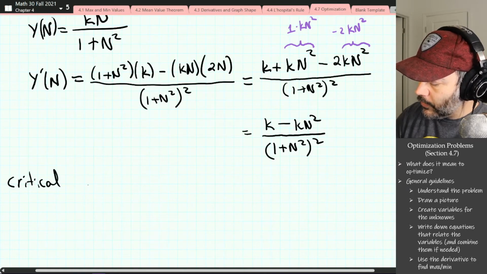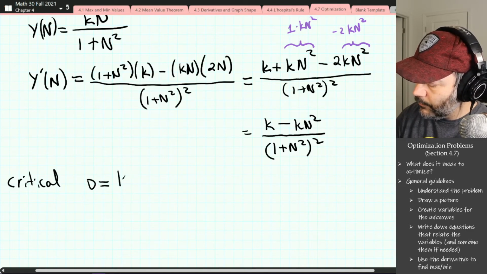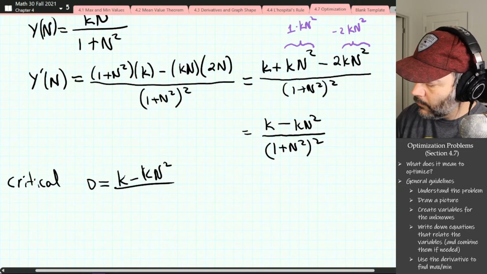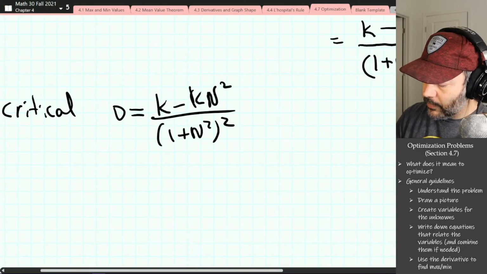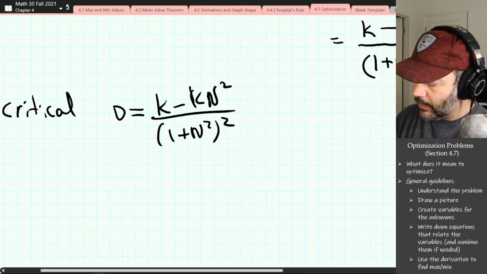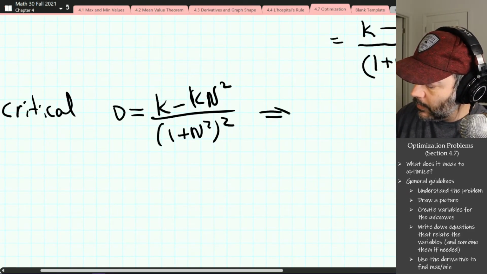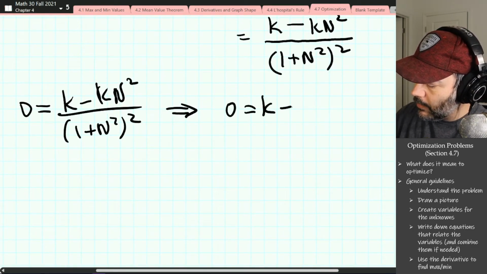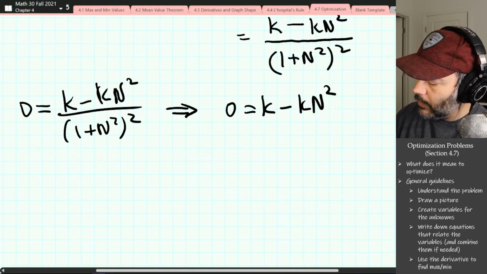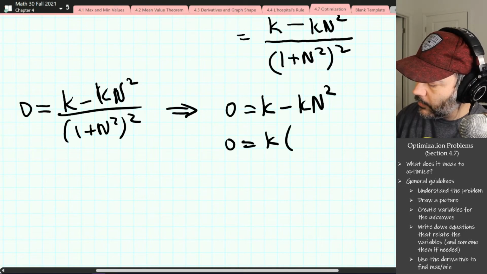The critical values are where this is equal to 0. This fraction can only equal 0 when the numerator is 0, because the denominator can never be 0. So what that means is we can write 0 equals K minus Kn squared. Remember, K is a constant, so I can even factor out K: 0 equals K times (1 minus N squared).